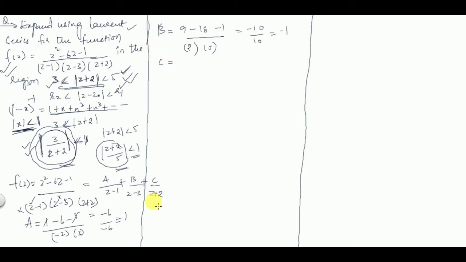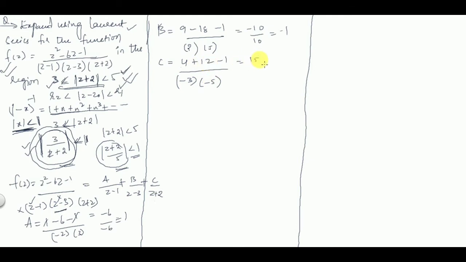And then c is obtained by substituting z is equal to minus 2. Minus 2 whole square is 4, minus 6 into minus 2 is plus 12, minus 1, divided by, substituting z is equal to minus 2 here, minus 2 minus 1 is minus 3, minus 2 minus 3 is minus 5.